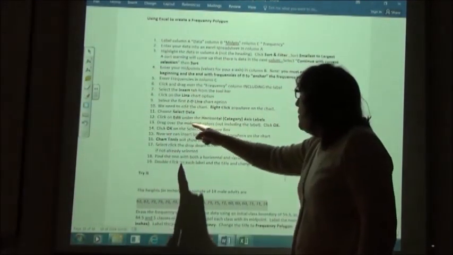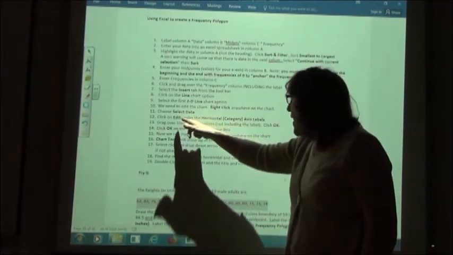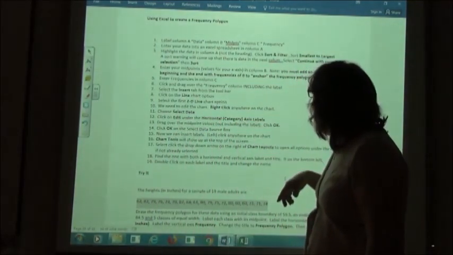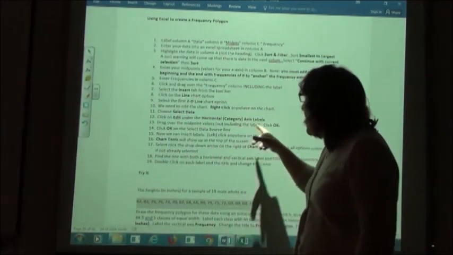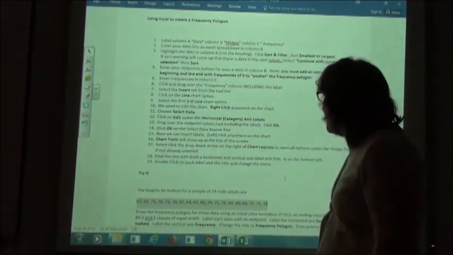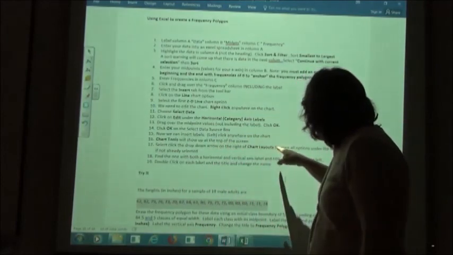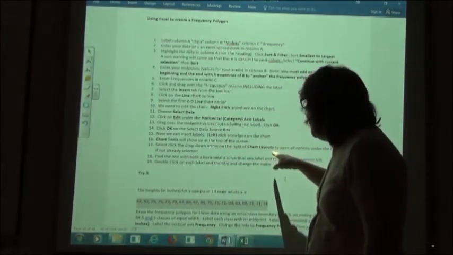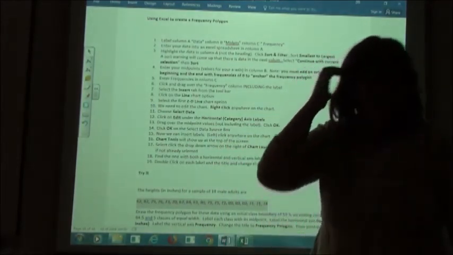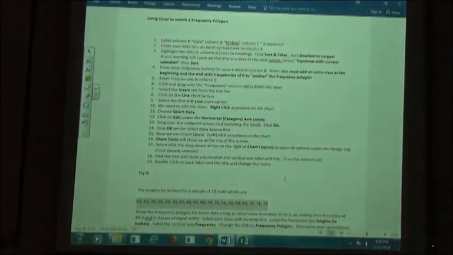All right. Then it says here to click edit under the horizontal category axis labels. Oh, we did that. Chart layout. That's what I was doing there.